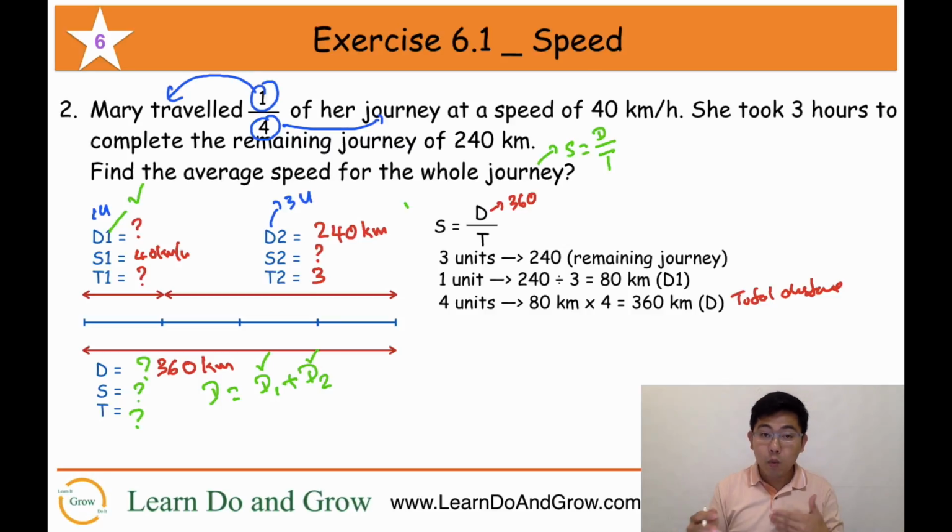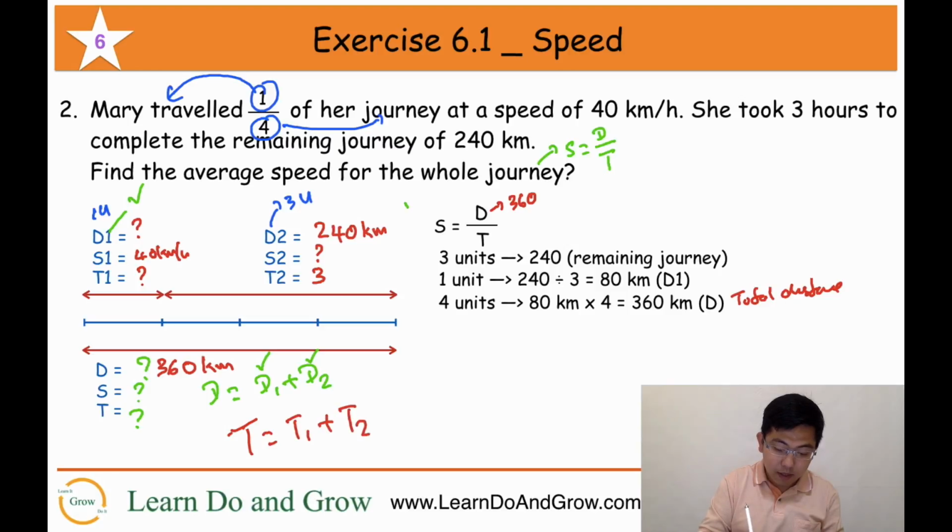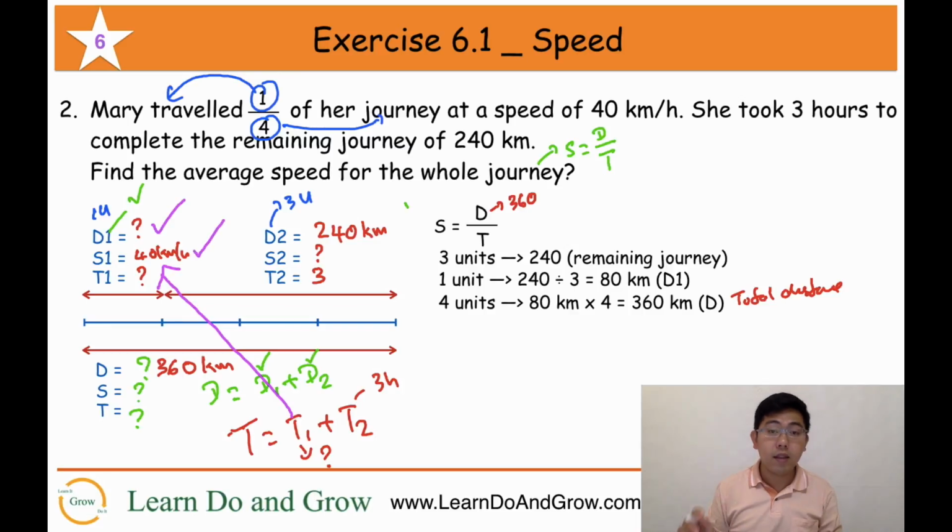So again, what I taught you in the beginning of the lesson is that T equals T1 plus T2. We already know T2 equals 3 hours. Can we find T1? Yes, we can. Over here, we already know D1, we already know S1, then T1 is just applying the formula.